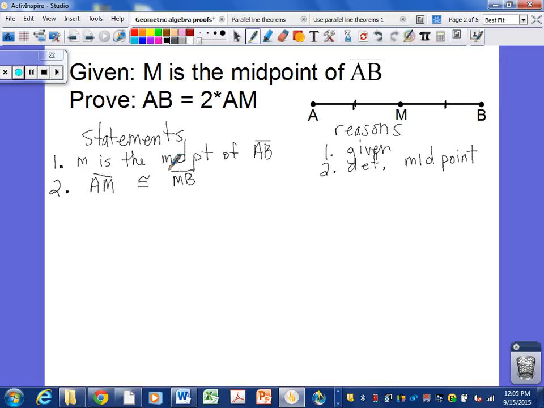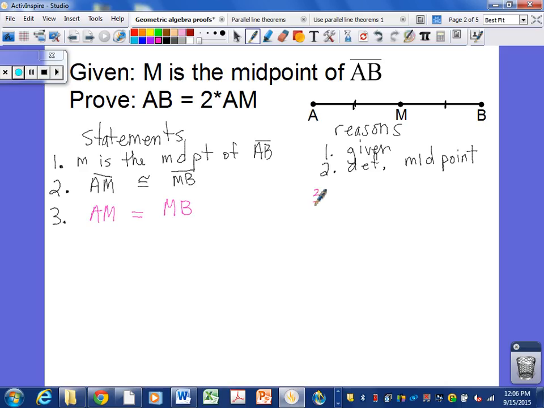Okay, so now the next step is to notice that we want to have equals in our proof, but we have congruence right now. So we need a way to change from congruence to equals. Okay, and there is a way to do that. That says if segments are congruent, then their lengths are equal. So how you show that is to write AM without any line on top of it equals MB without any line on top of it. Okay, the line is talking about the actual picture, the segment MB, where this is talking about the length of segment MB.